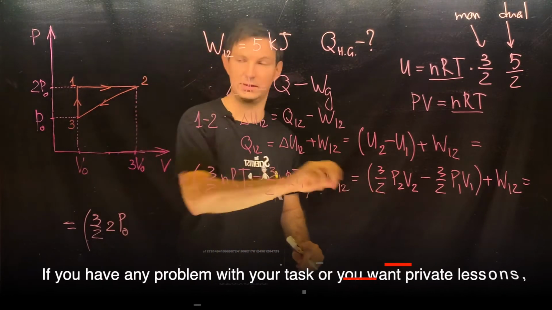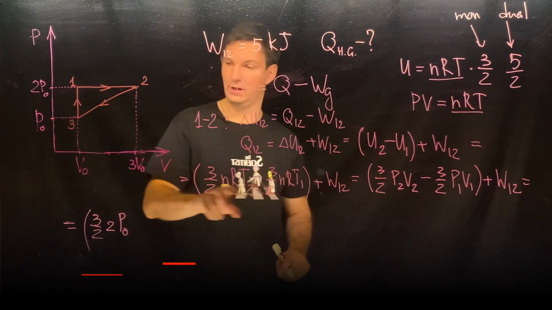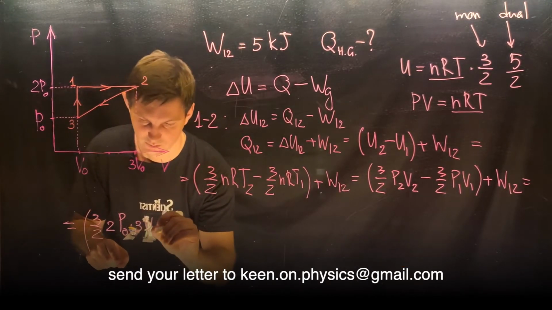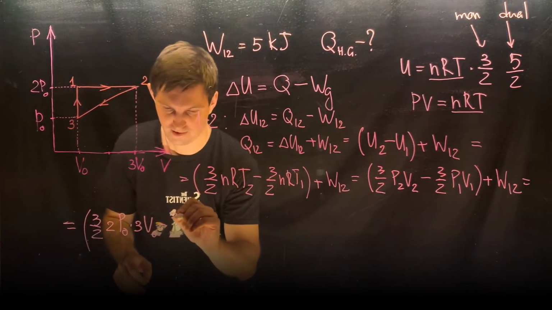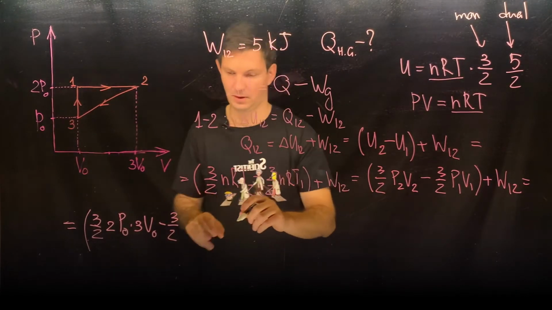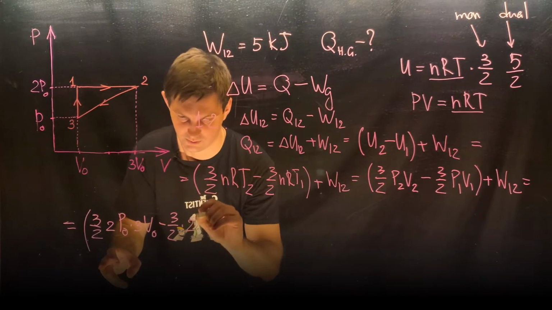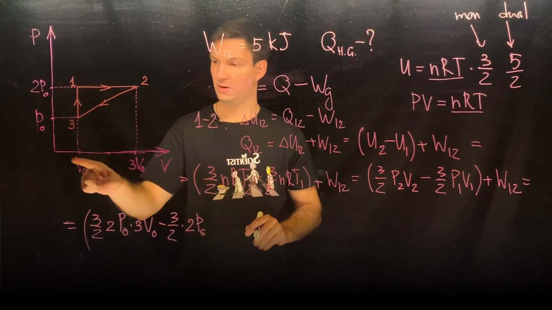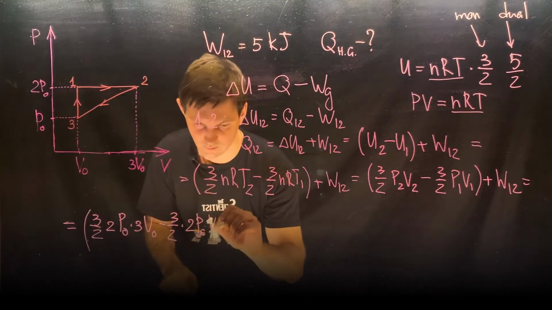Oh, sorry, in the second state it is the same, and the volume is 3 times V0, minus 3/2 times, in the first state, 2P0 times the volume in the first state, V0.